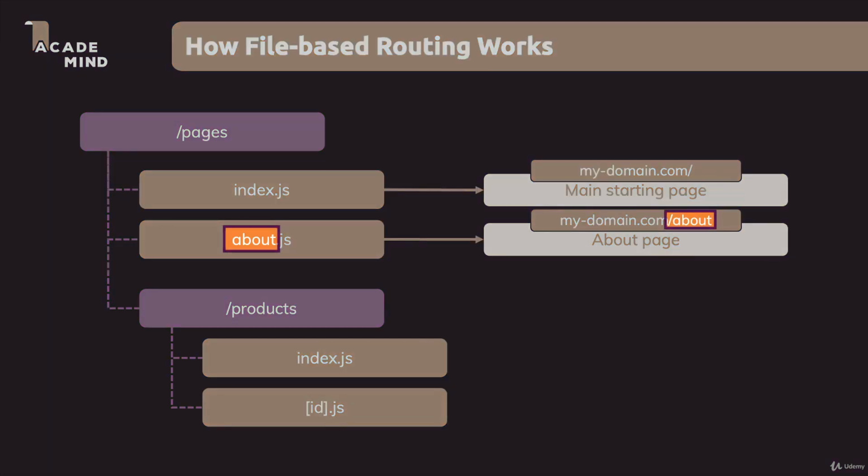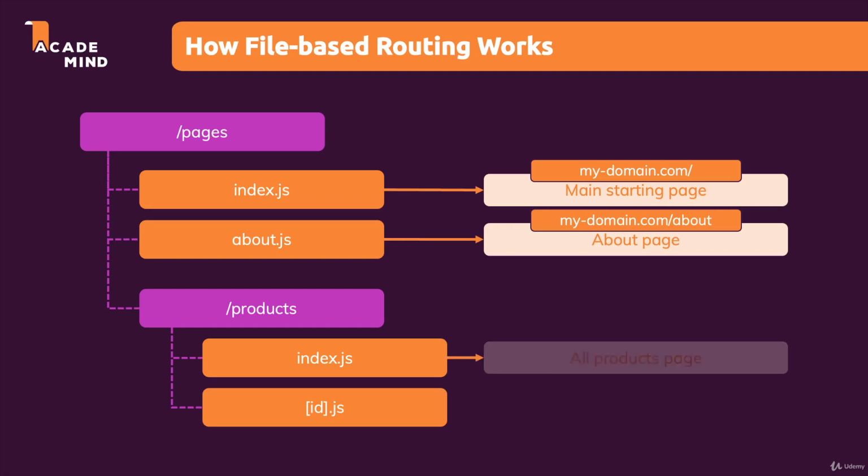So it takes the file name as a path, as you can tell, with the exception of index.js. That's a special file name which it will assume as the root path for the given folder in which you are. So directly in the pages folder, index.js would be our root path, an empty slash after the domain.